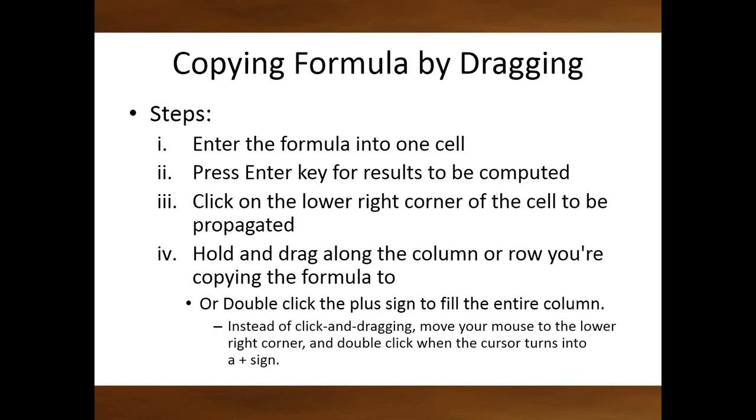Or you can also double click the plus sign to fill the entire column. That is if you don't want to hold and drag. Instead of click, hold and dragging, move your mouse to the lower right corner and double click when the cursor turns to a plus sign.